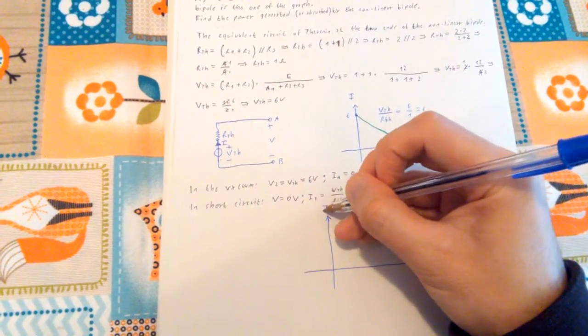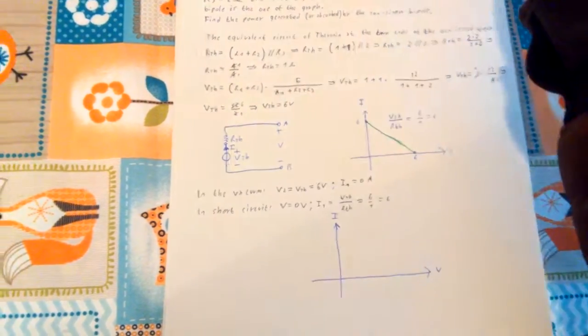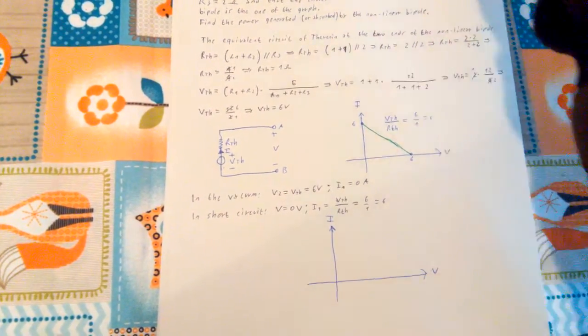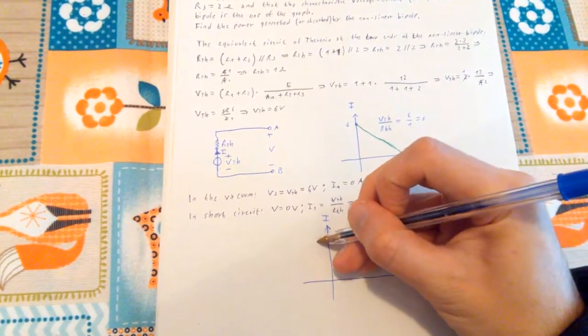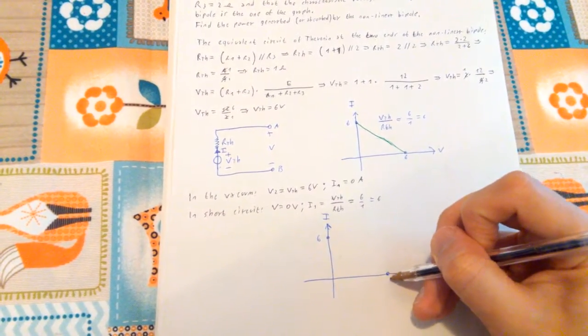So I have I, V, those 2 points, which are 6 and 6.